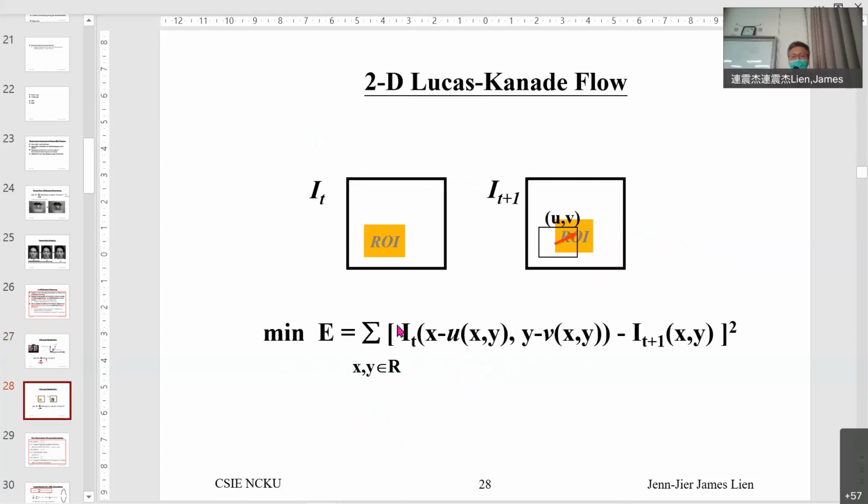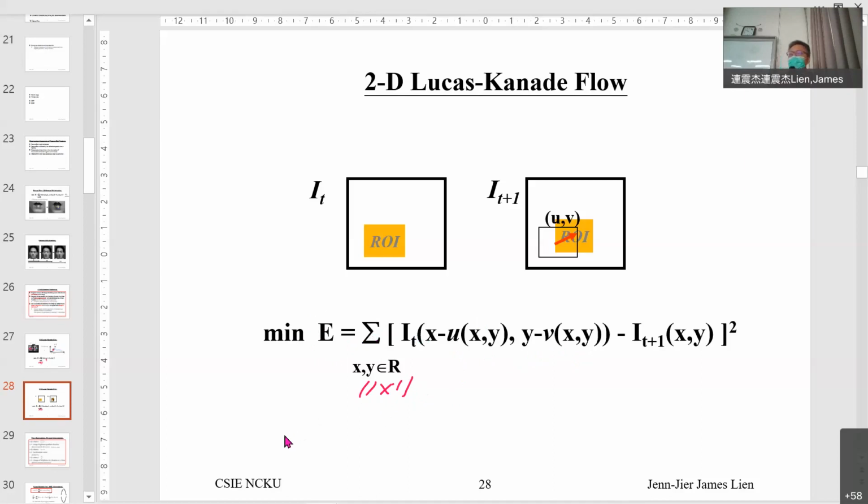In the 2D case, this is the small patch. Right? And in t plus 1, you move to here. So this direction, this vector, is u and v. It's u and v, the 2D case. Suppose this is also 11 by 11. You try to minimize this one in order to find u and v.